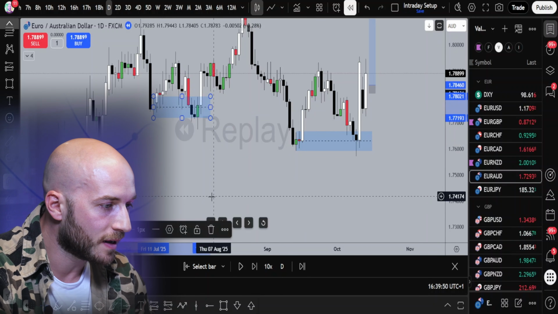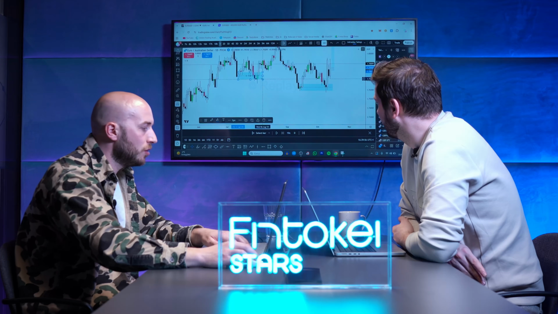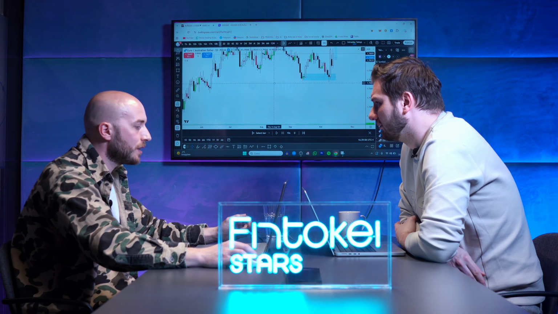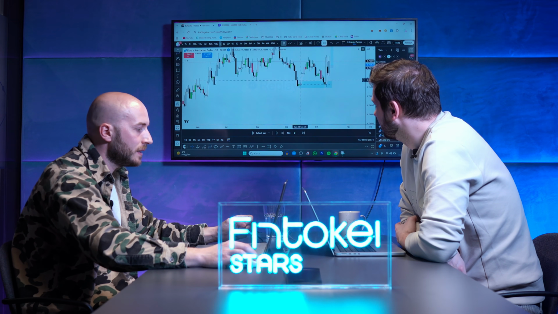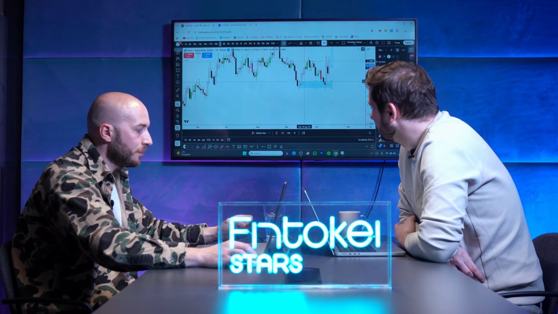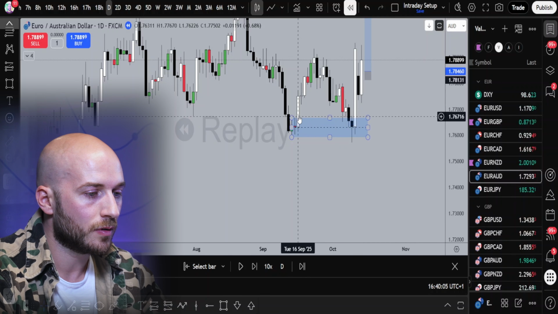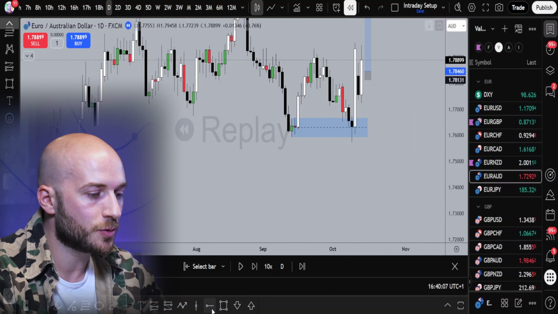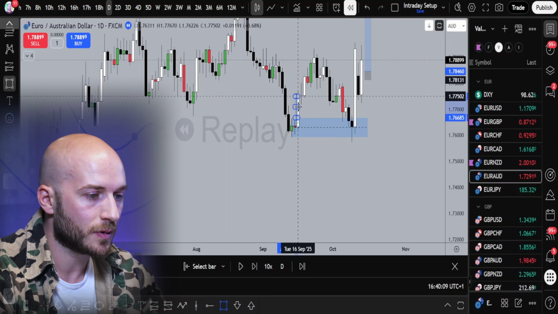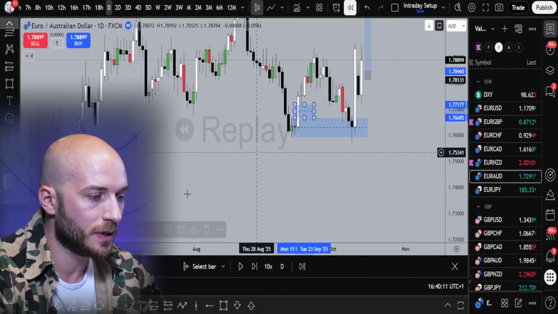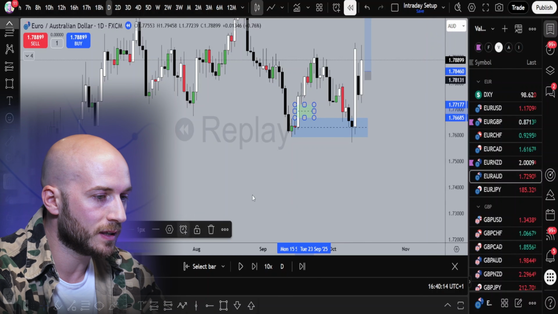So you're guessing why. Do you use some indicator to define the demand zones, or you're just checking support? I'm just checking. The thing that I want is that the leg out of the demand zone has to create imbalances. If there is no imbalance, to me, there is no real demand.